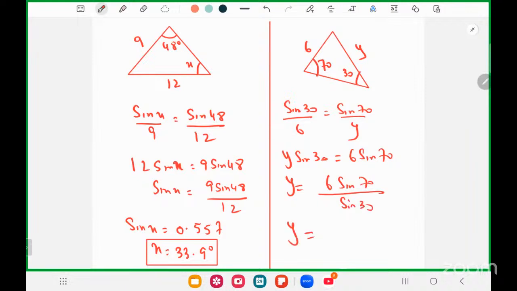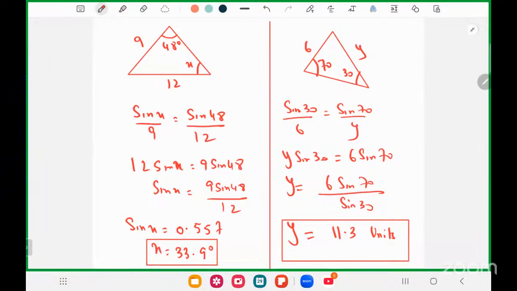Y is equal to 6 sine 70 divided by sine 30. 11.3 units. I hope this makes sense. I hope this is clear.